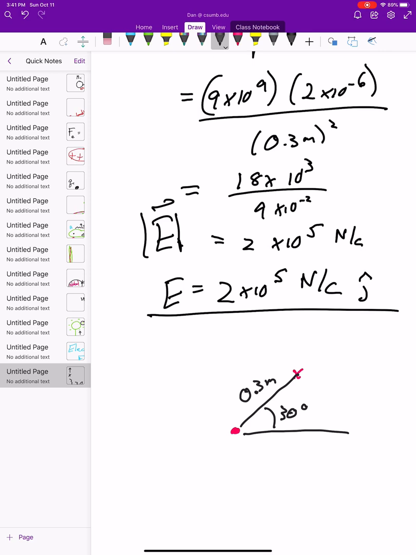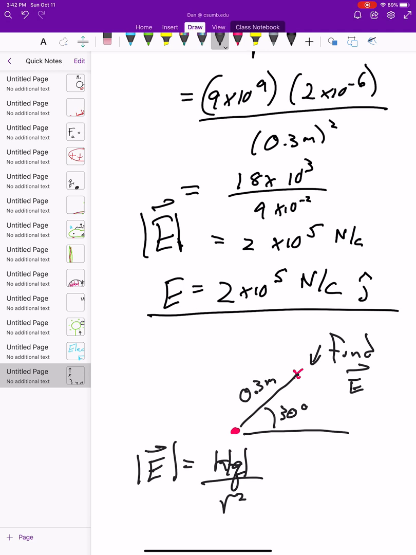So find the electric field at that point. Well, I can go ahead and use Coulomb's law. I'll write it again just to try to cement it in your memory. But I'm going to get the same value, 2 times 10 to the 5th newtons per coulomb.